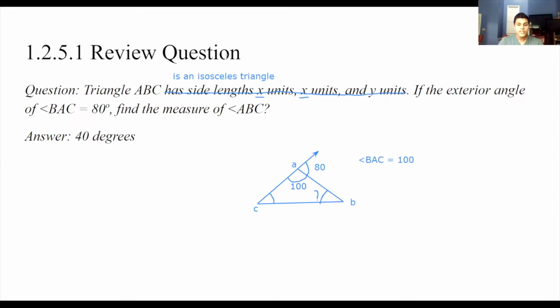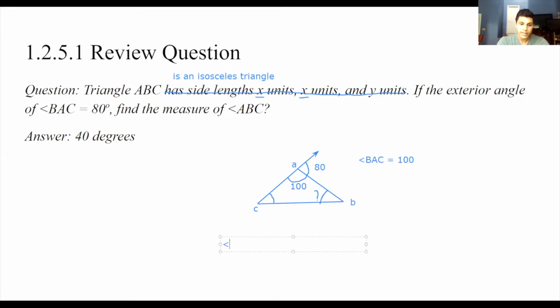Well, if one of the angles is 100 degrees, if you remember our rule, this triangle can't have another angle that's equal to 100 degrees, because that would already add to 200 degrees in total, which is more than the total amount of degrees that a triangle can have. So I know that the 100-degree angle that I've already found isn't one of the equal angles, which means that the other 2 angles in the triangle, angle ABC and angle ACB, have to be equal.